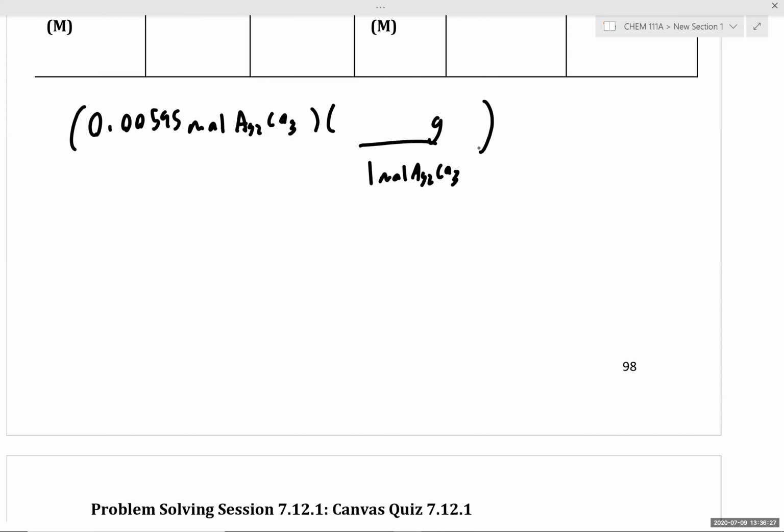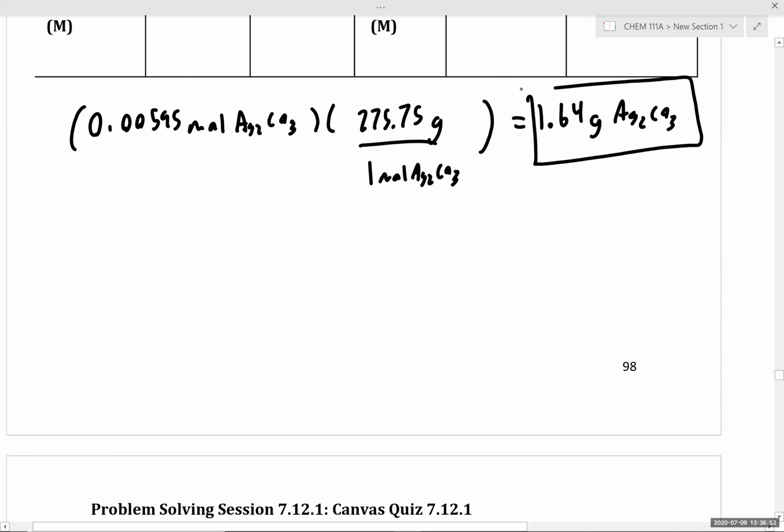It has a large molar mass of 275.75. So punching that into my calculator, 0.00595 times 275.75 gives us 1.64 grams of silver carbonate. So really, once we get to moles, nothing's changed about these types of problems.